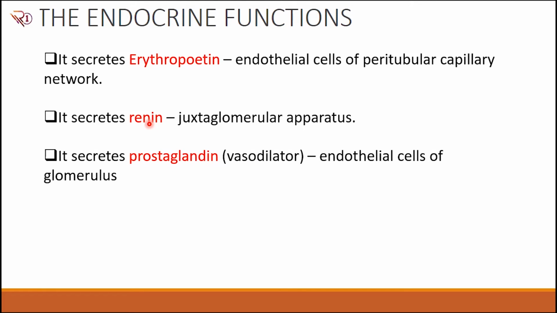It also secretes prostaglandins by the endothelial cells of the glomerulus. The glomerulus, as I said in a previous lecture, is simply a capillary network in the Bowman's capsule. So these prostaglandins are produced usually when there is vasoconstriction, because severe vasoconstriction can lead to damage of the kidney.